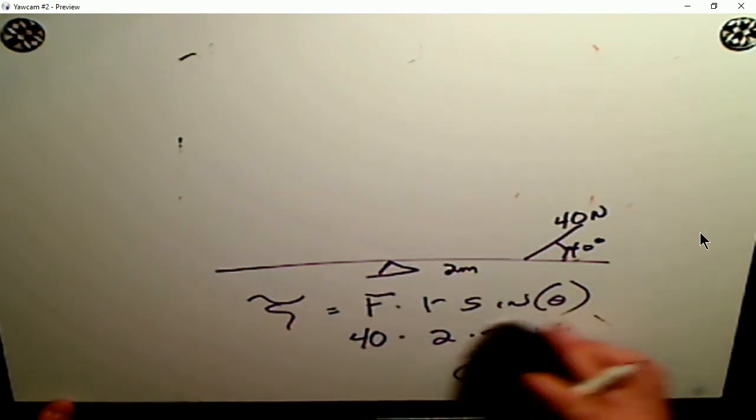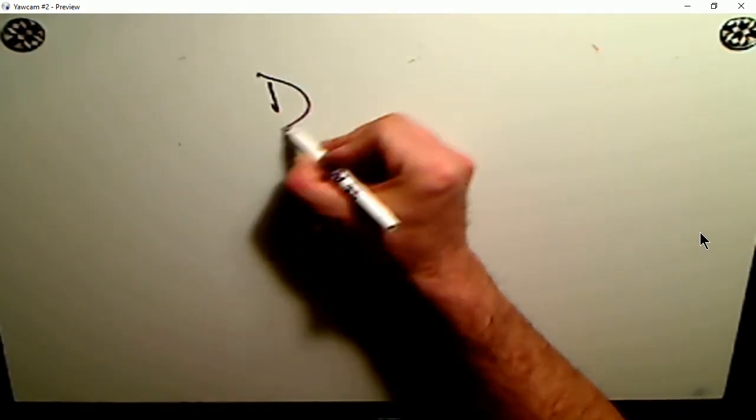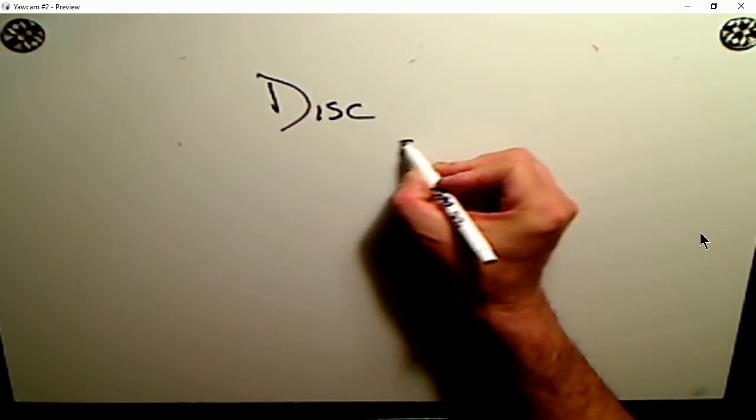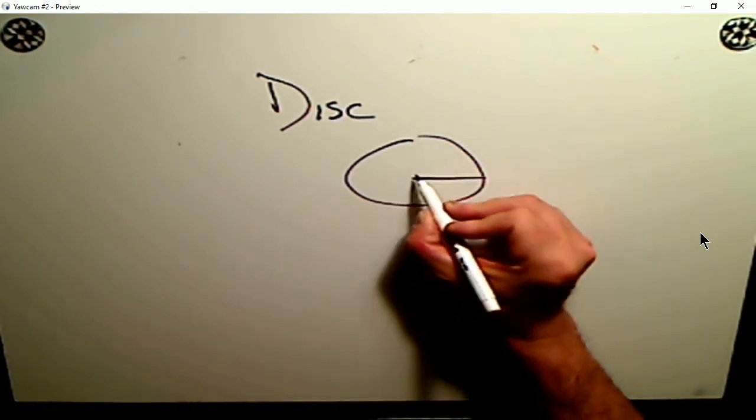Let's bring into account geometry in torque. Let's say I have a disk. It has a radius of 0.5 meters.